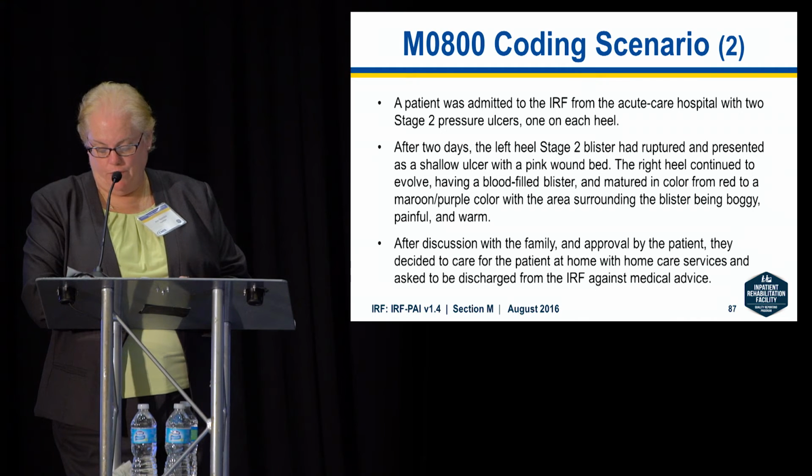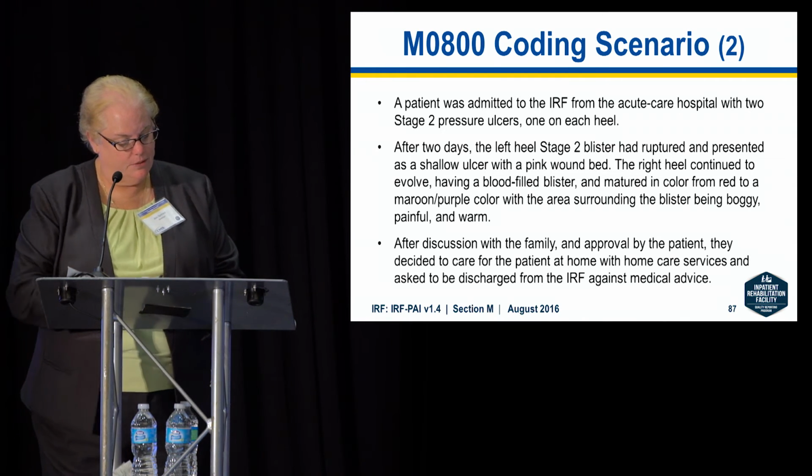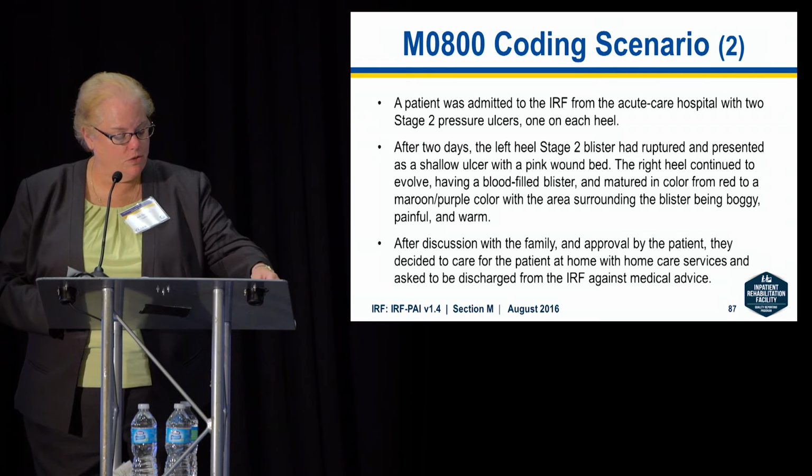After discussion with the family and approval by the patient, they decided to care for the patient at home with home care services and asked to be discharged from the IRF against medical advice.